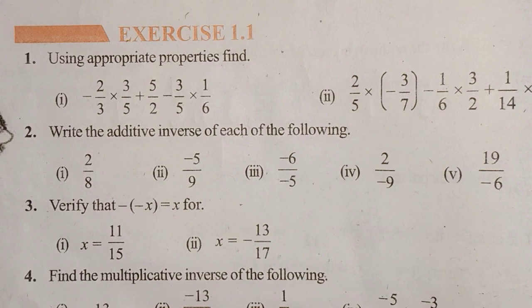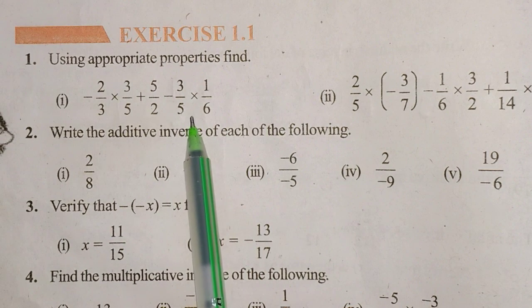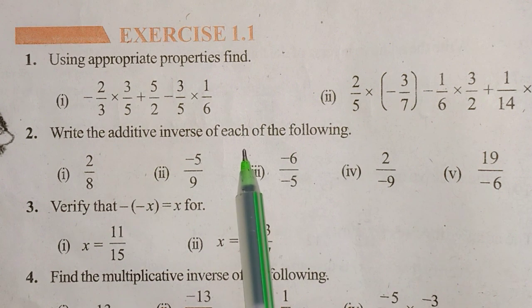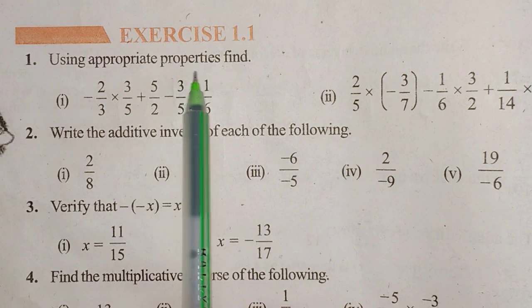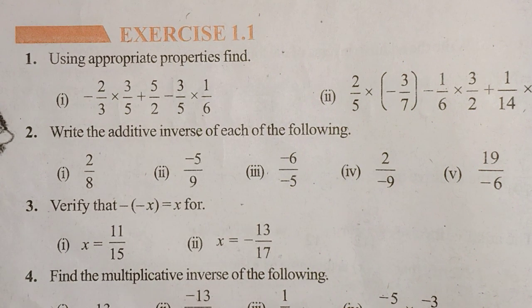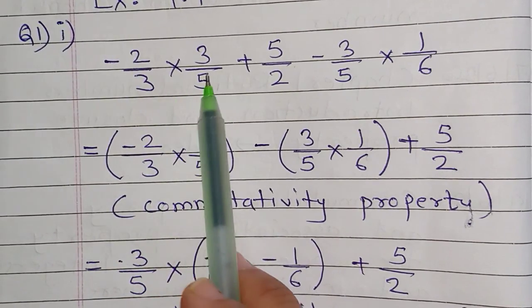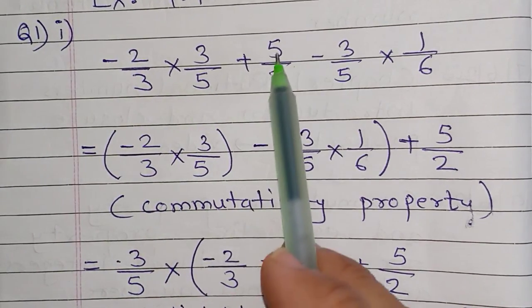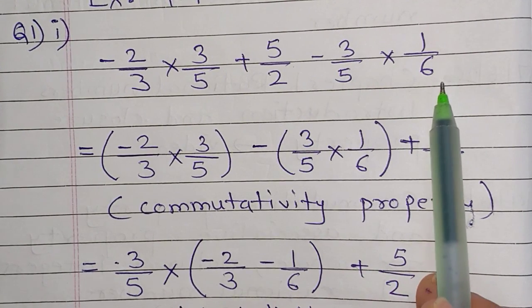Now, let's solve exercise 1.1. I will solve one example from all the questions. So, the first one is: using appropriate properties, find the answer of this. Let's see how to solve it. Now see the sum, minus 2 upon 3 into 3 upon 5 plus 5 upon 2 minus 3 upon 5 into 1 upon 6.